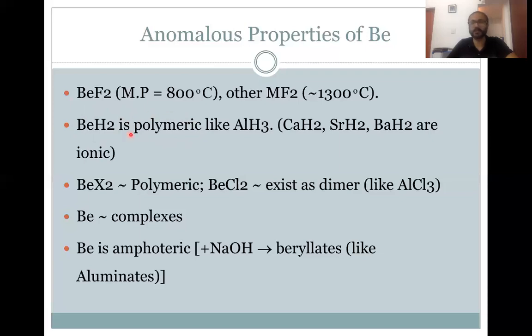A polymer is formed only by covalent compounds. That is why beryllium compounds exhibit a covalent nature, inherent because of the small size and high charge density of the beryllium atom. However, when we compare the other hydrides, they are all ionic in nature. In the live session, we are going to discuss this particular hydride, its structure, and how the bonding exists in these compounds.